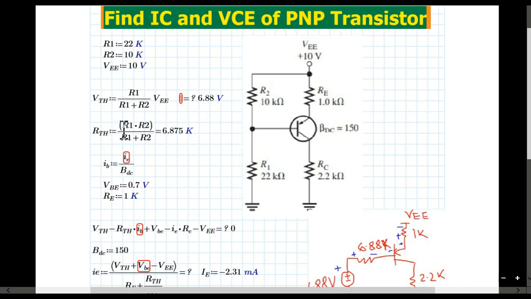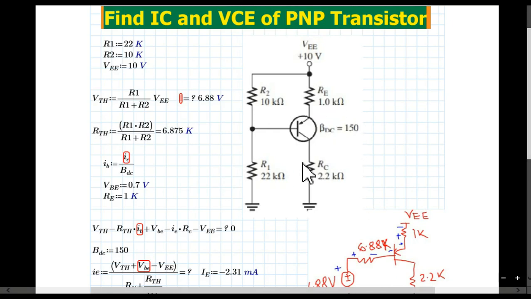You can easily find the equivalent resistance of two parallel resistors: R1 into R2 divided by R1 plus R2. If you put in the values, you find the value of RTH is 6.875 kilo ohm.